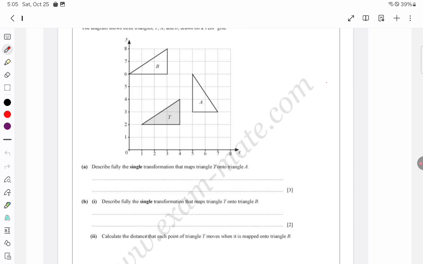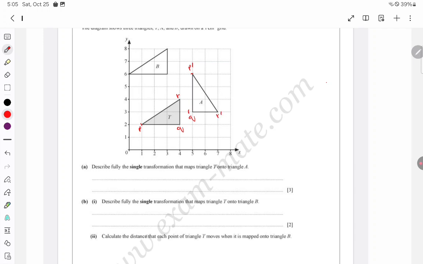How can we calculate the center? First mark the points P, Q and R, and after the transformation they will become P slash, Q slash and R slash.